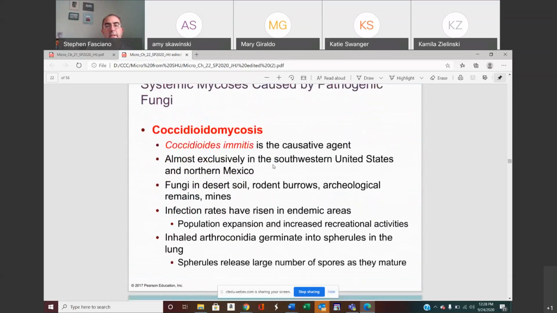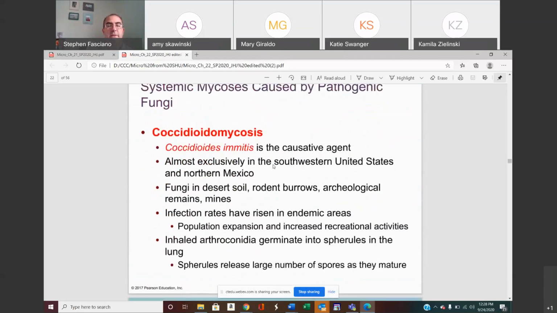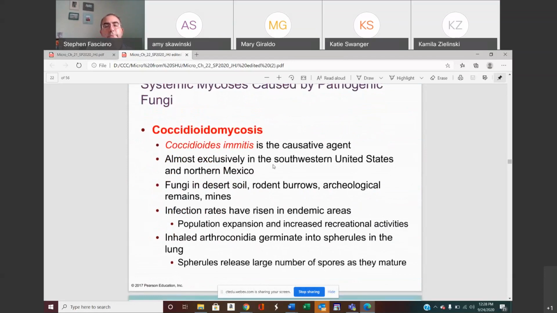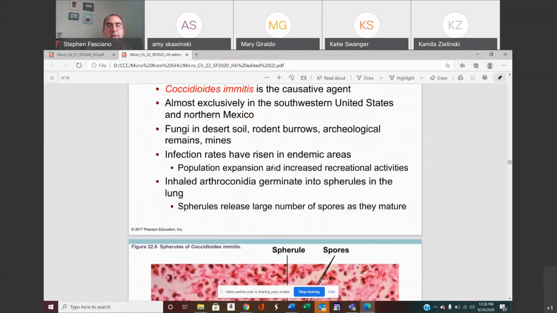The third type of fungal infection caused by these pathogenic fungi, coccidioidomycosis, almost exclusively in the southwestern U.S. and northern Mexico. Again, the fungus is in the soil. Infection rates have risen in these areas, but population expansion has been really big in these areas. So that could be why infection rates are rising.